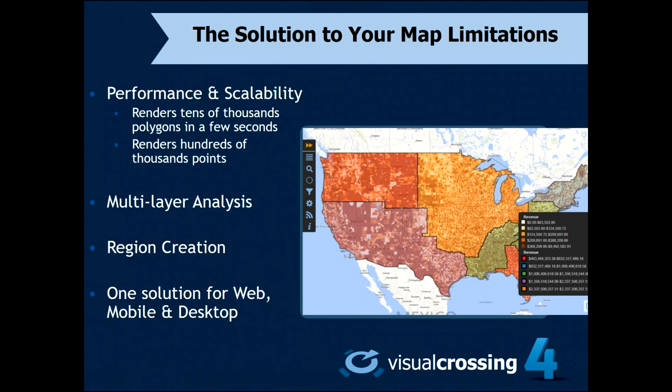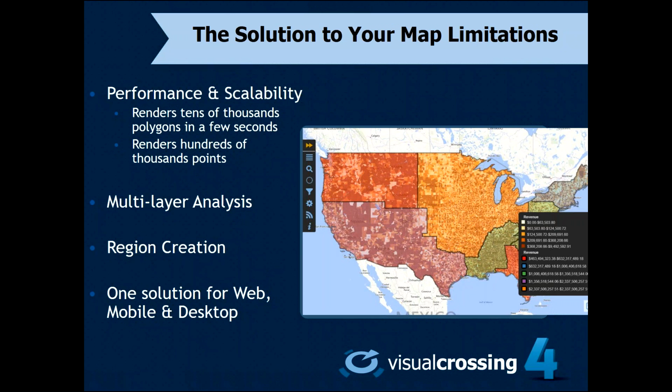All right, so the three I mentioned, again, I'll go into a little bit more detail on performance and scalability. In our standard mapping solution, we expect users to render, in terms of polygons, an entire postal code layer, for instance for U.S. people, which is about 30 to 40,000 complex postal code polygons, and render that in just a few seconds, and be able to handle that many.